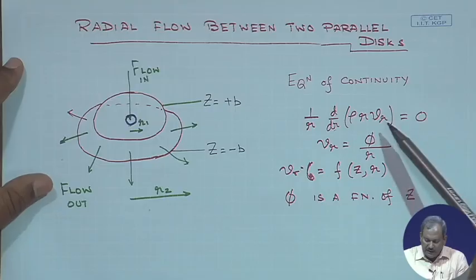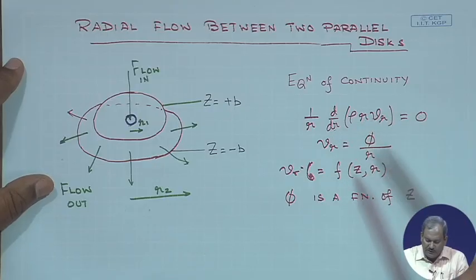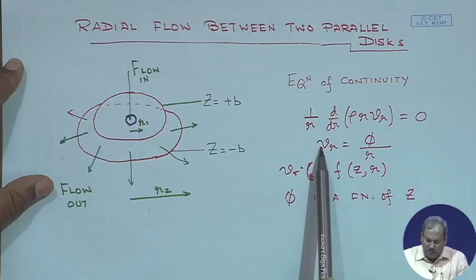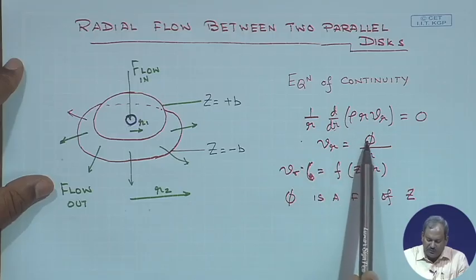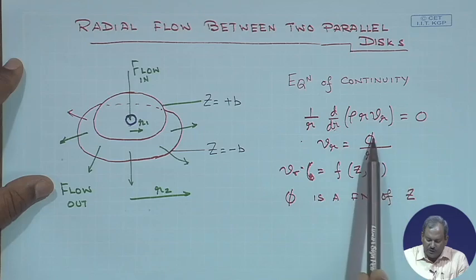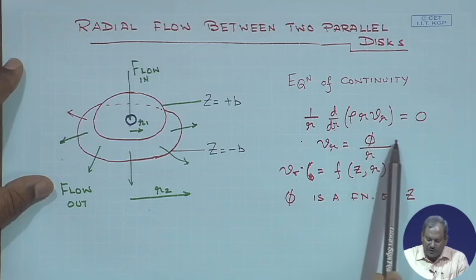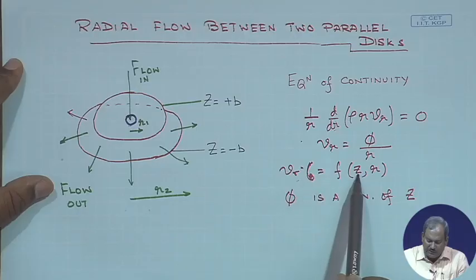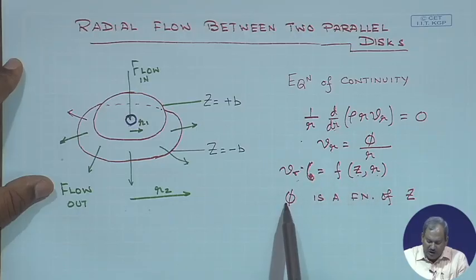Once again, d dr of r Vr is 0, so if I bring r on this side, d dr of r Vr is equal to d dr of phi, which is equal to 0. So phi is not a function of r. However, since Vr is a function of z and r, phi has to be a function of z.